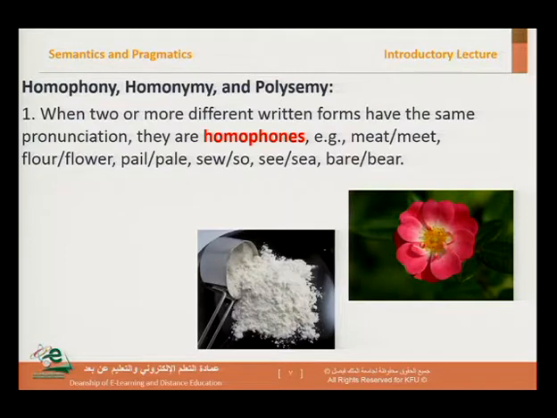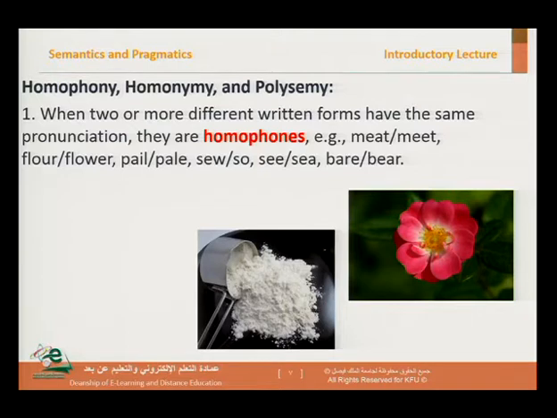Okay. Homophony, or what we call homophones, is when we have two or more different written forms that have the same pronunciation. How interesting is that? I can eat meat when I meet you. So, let's meet so we can eat meat.